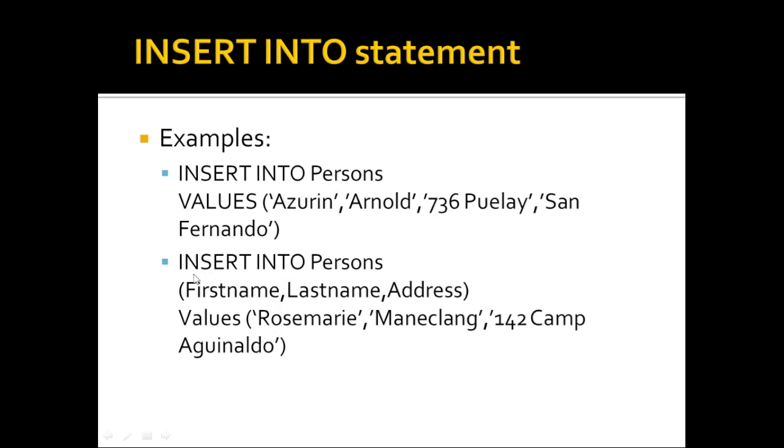In the next example, we have insert into persons, and then we specify the fields or the columns of the table. We have first name, last name, and address. Values, and then we have here Rosemary. The Rosemary is the value for the first name. Maneklang will be the value for last name, and 142 Camp Aguinaldo will be the value for address.